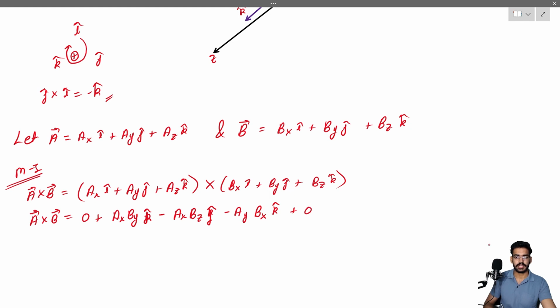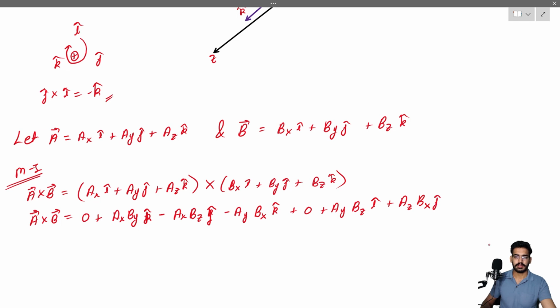Next quantity, j cross k is i, so plus ay bz i cap. Next, k cross i is j, positive j, so plus az bx j cap.